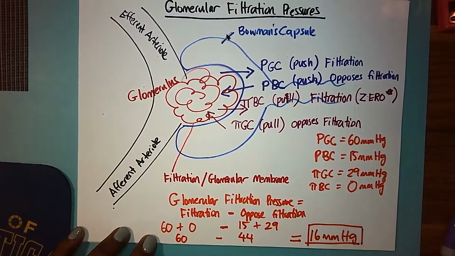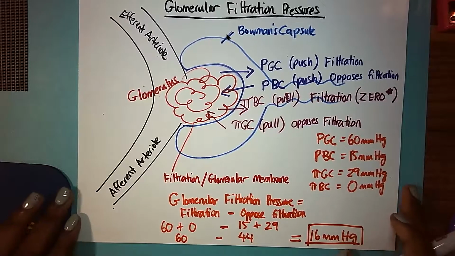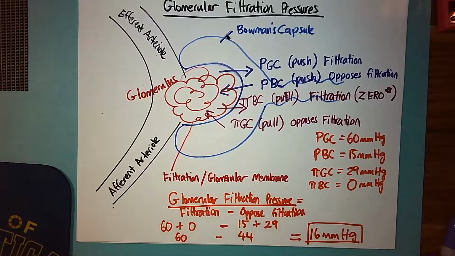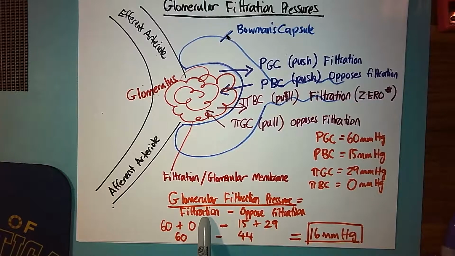Okay. I want you to be very, very clear in understanding how we got this in terms of our overall net glomerular filtration pressure. Okay, being able to identify the filtration forces, being able to identify the forces that oppose, and then doing the simple math that follows.